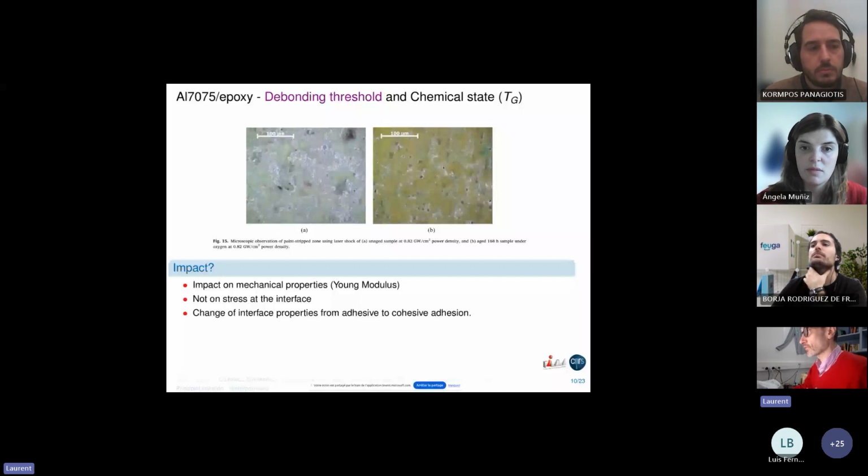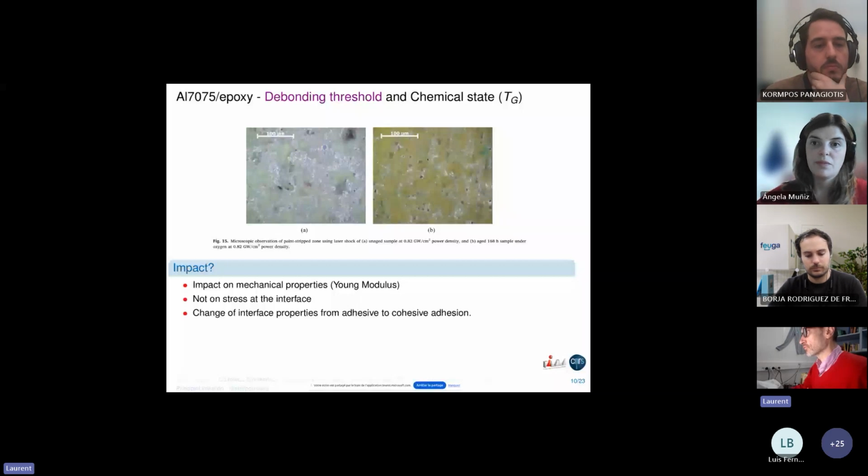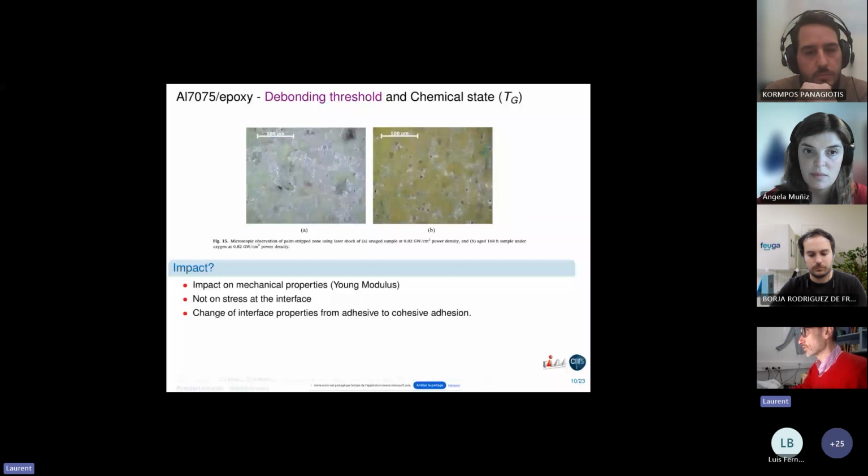We can see that the state is very different because we have a change of interface properties from adhesive bonding on the left to cohesive adhesion on the right. It shows that in fact we break the materials not at the interface, because the interface is very good, but near the interface, in the volume of the materials.